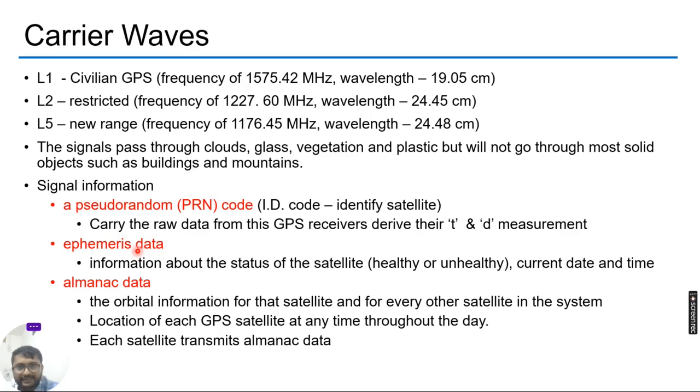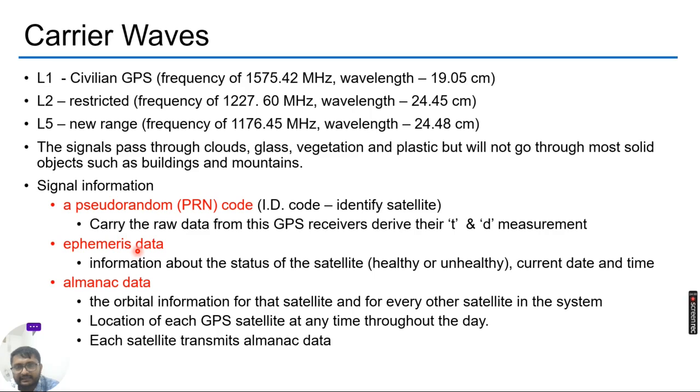We can see the frequency of the L1 band is 1575.42 megahertz, the L2 frequency is 1227.60 megahertz, and for L5 it is 1176.45 megahertz. And we can see the wavelength ranges from 19.05 centimeters to 24.48 centimeters for L5.